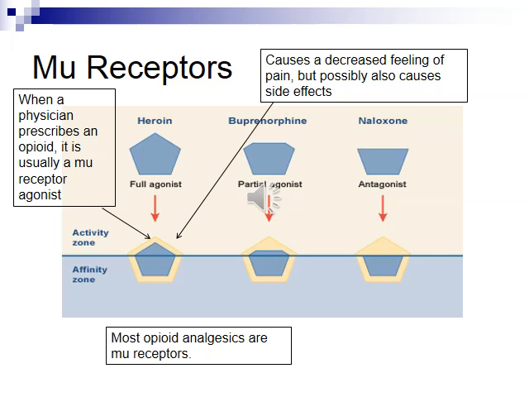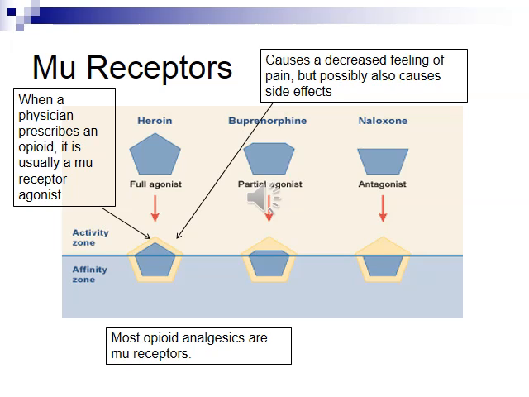Looking at the relationship with the mu receptors, most opioid analgesics match up with your mu receptors. That's the most common one. Their mu receptor agonist is usually what you look at when a physician prescribes an opioid-based drug. So if you look here on the picture, if you could remember that whole lock and key relationship that we talked about in the first chapter with how most drugs work with a receptor, you can see how the opioids work.